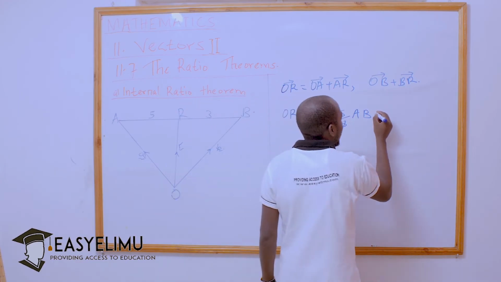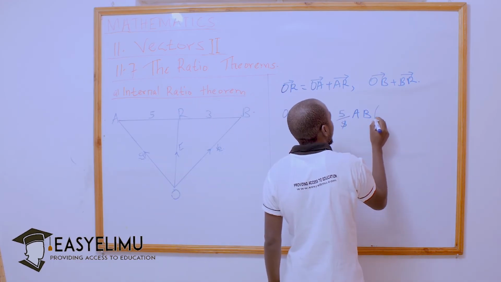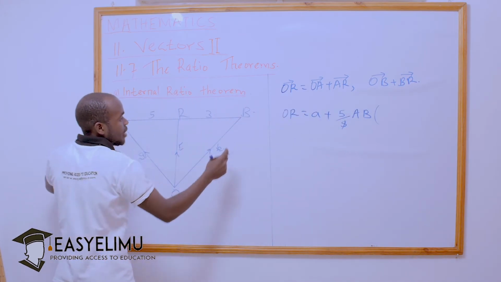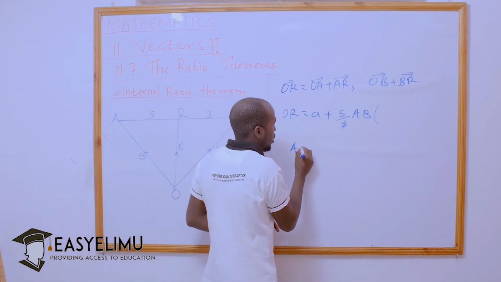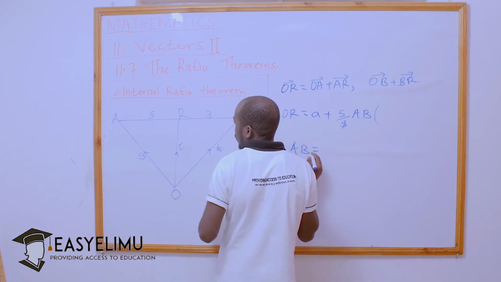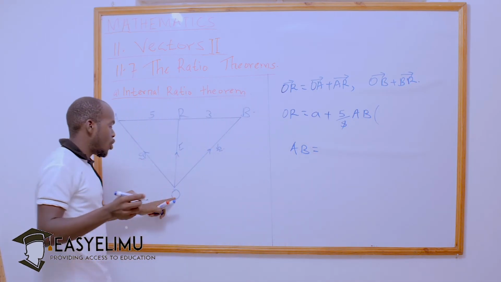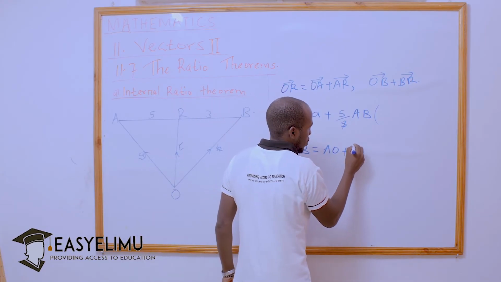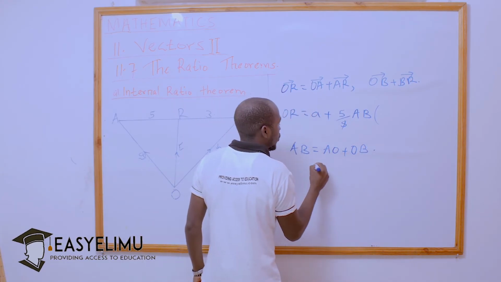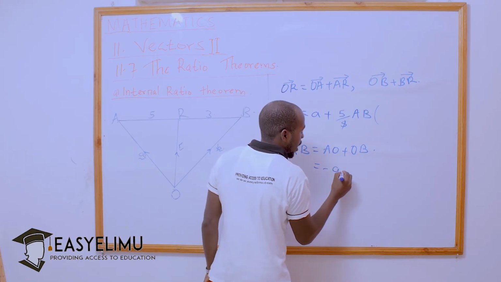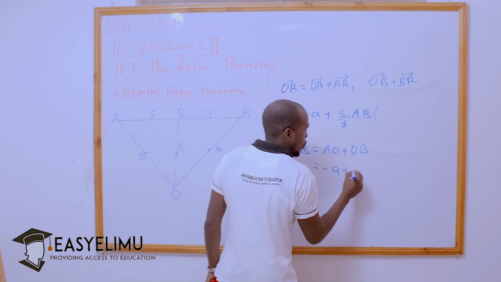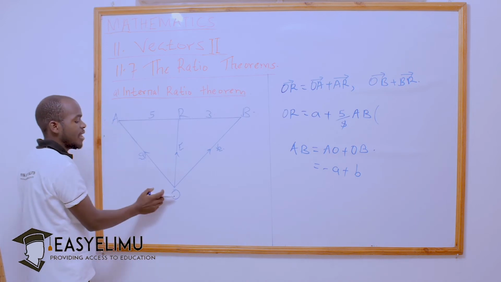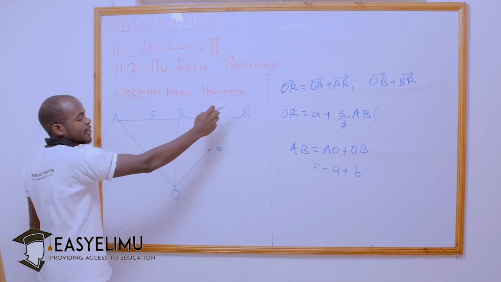And remember, AB here is equal to AO plus OB, and that is going to give you negative A plus positive B. That is because you are moving against the vector and then going towards the vector.